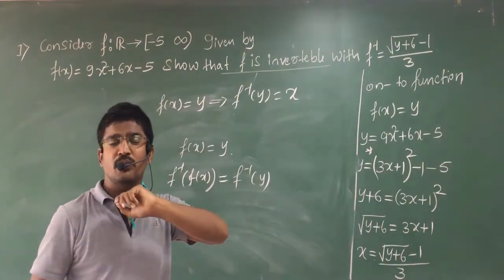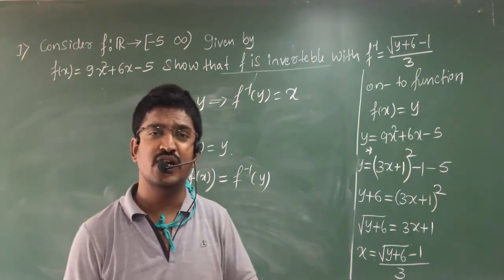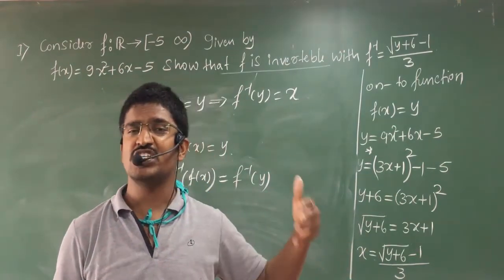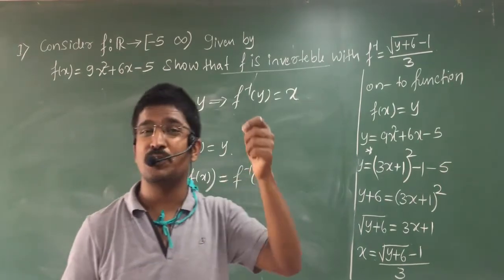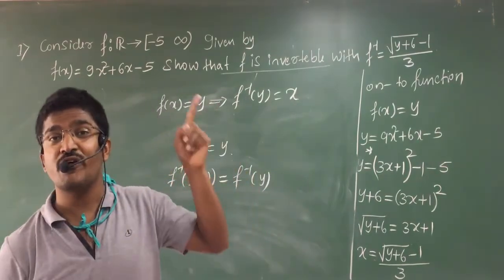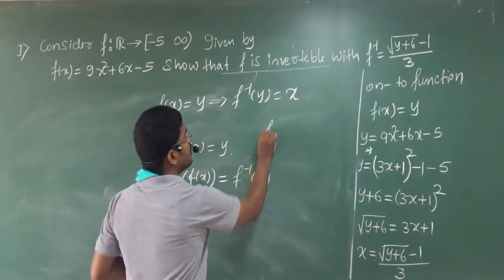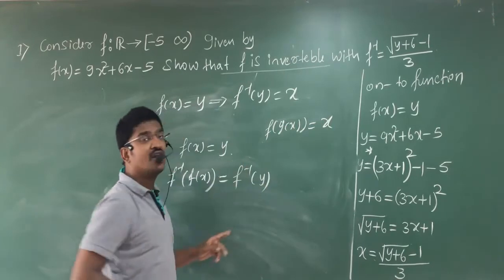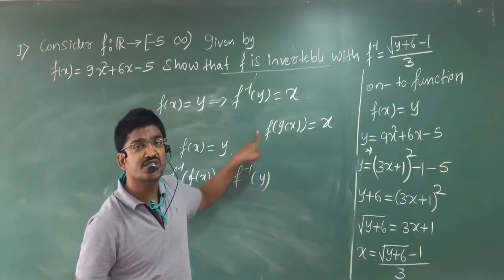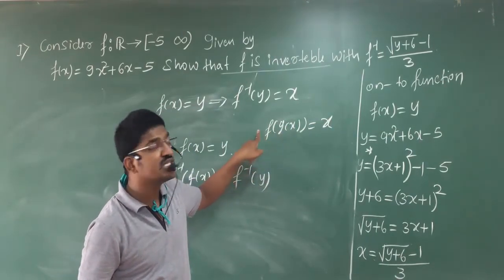Go to the previous part of this video, where from the start I have explained what the inverse image is and how to show the inverse image in the problem. F of g of x, you remember? F of g of x is equal to x. I have already explained this, where g is the inverse of f.